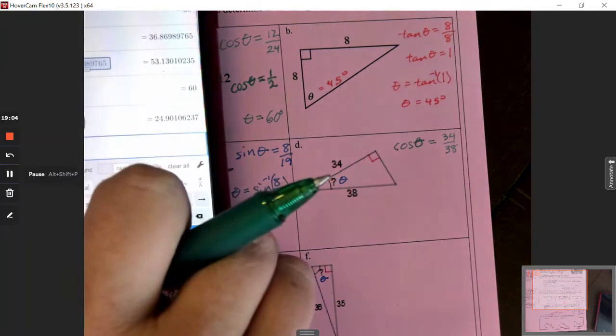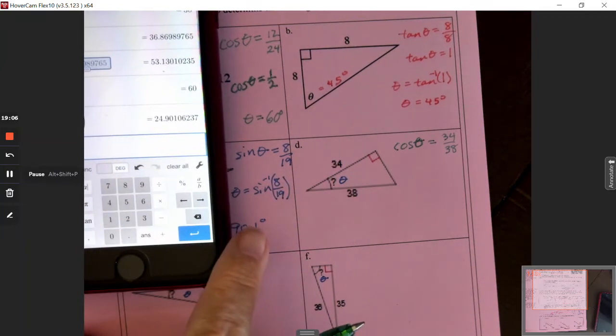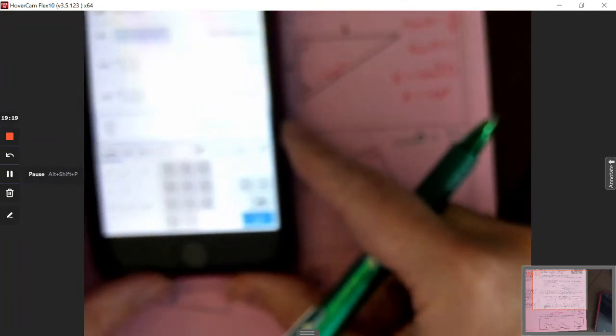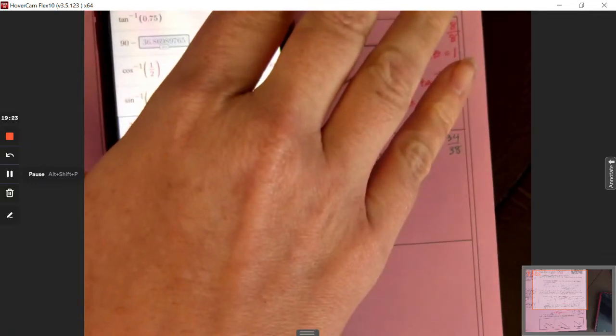If I click that, it will give me a fraction answer, and so I don't have to think about it as hard. And 17 over 19 might be easier to write. So I have theta is equal to the cosine inverse of 17 over 19, which again is 34 over 38 simplified. I divided them both by 2.